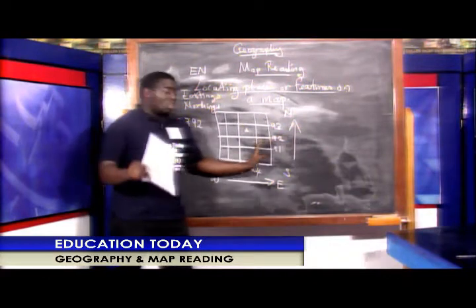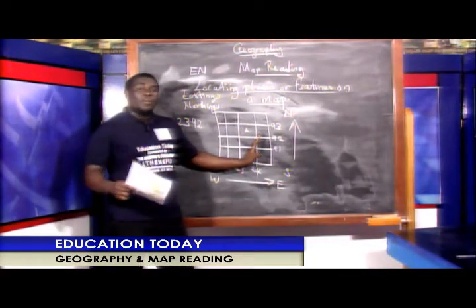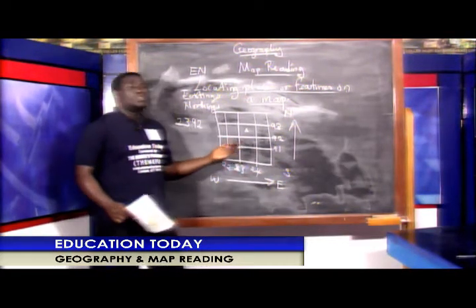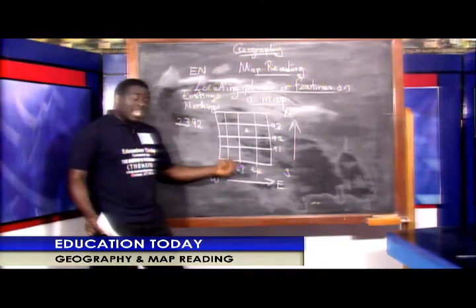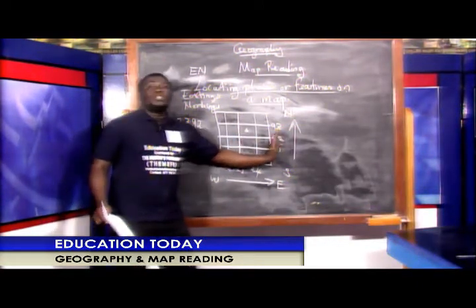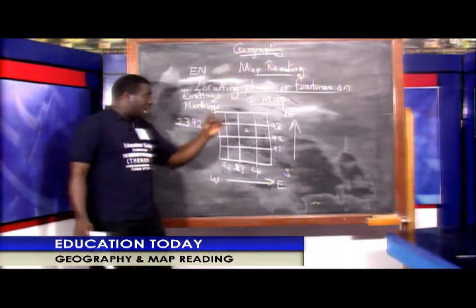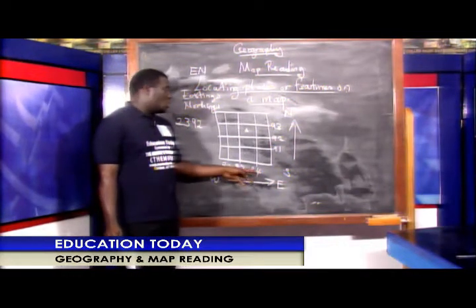Remember the definition of the eastings are lines with values increasing from west to east. If you take 24, it therefore means you have passed this feature already. The answer will be wrong. But in this case, if you take 23, it therefore means in your course of movement to the east, you will get in contact with this particular feature. That is why we are using the 23, not 24.